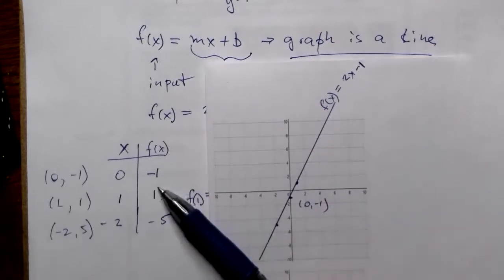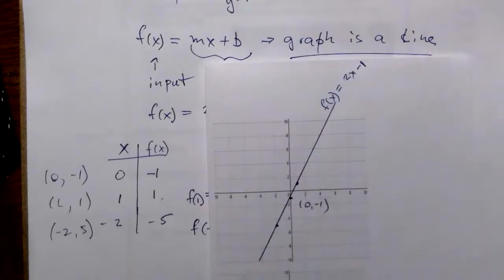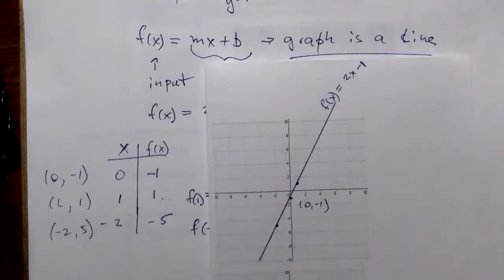Given the table, figure out the function. Given the graph, figure out a function equation. Given a function equation, create a table, create a graph, and so forth. So let's dive into it a little bit more.